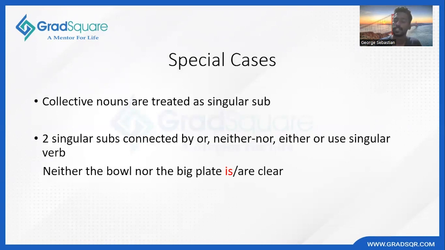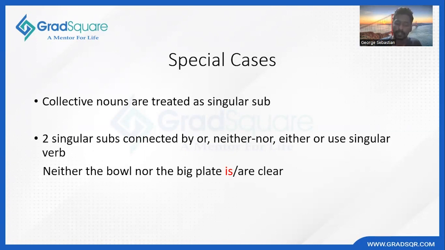Now, let's look at the special cases. Right. So the first case is regarding collective nouns. Whenever we use a group in a given sentence, we always read it as a singular subject. So in those cases, we have to use a singular verb. Similarly, if we have two singular subjects which are connected by the words or, neither nor, either or, we always have to go with the singular verb.